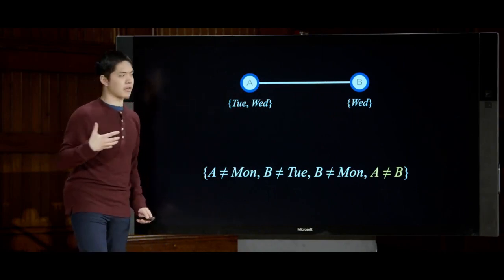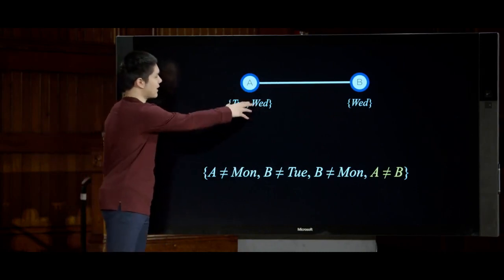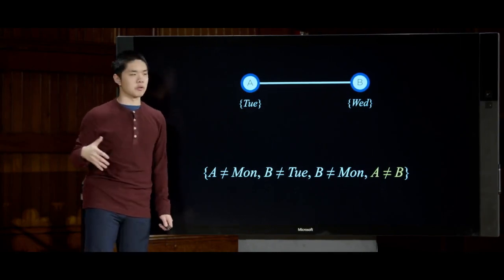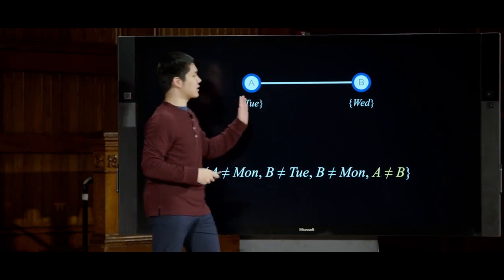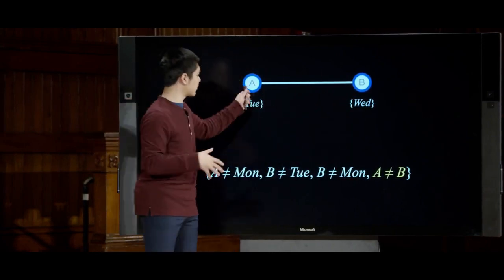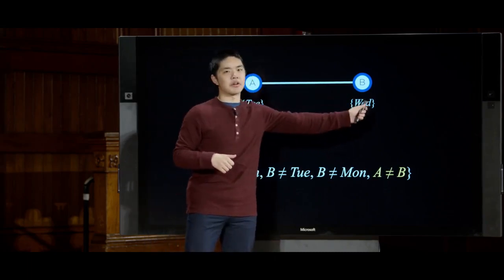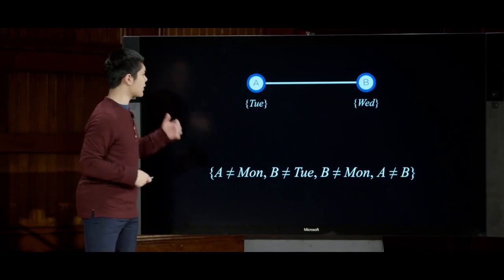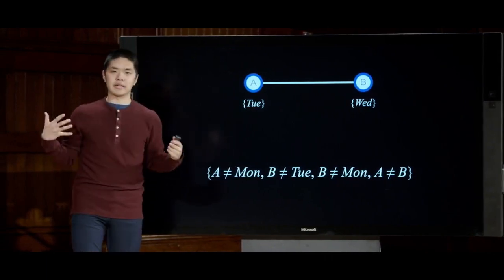To make it arc consistent, I would need to remove Wednesday from A's domain, because Wednesday was not consistent with this binary constraint for B. There was no way I could choose Wednesday for A and still have an available solution by choosing something for B as well. So here now I've been able to enforce arc consistency.